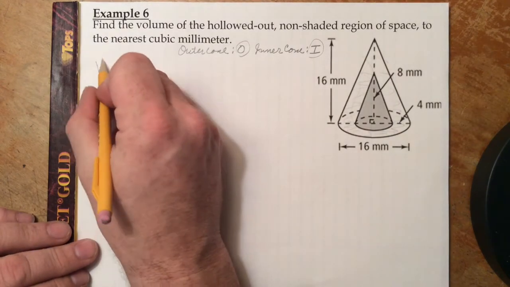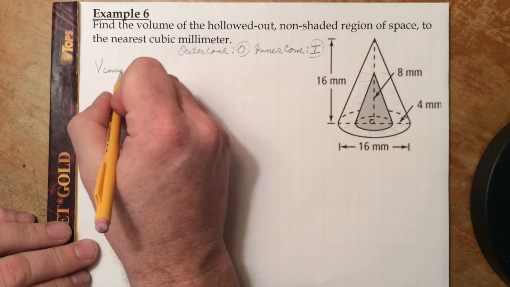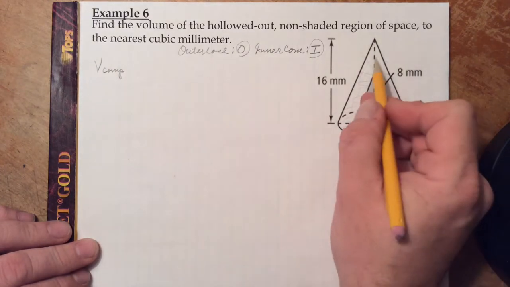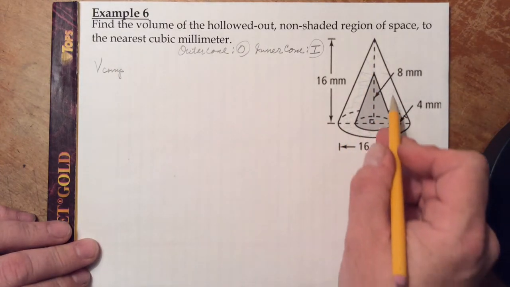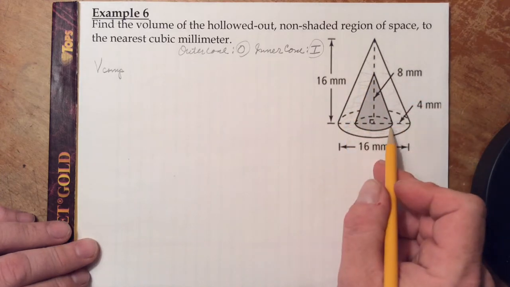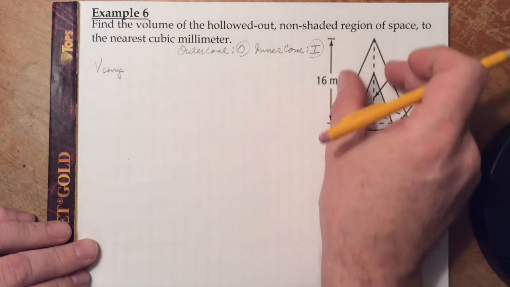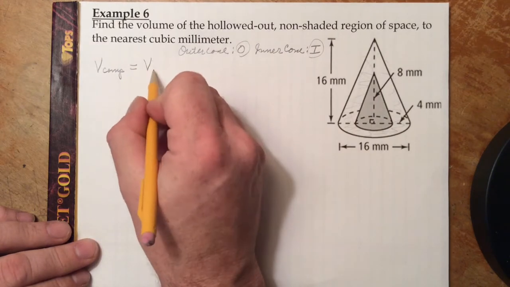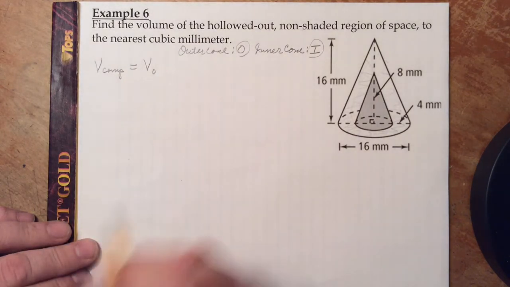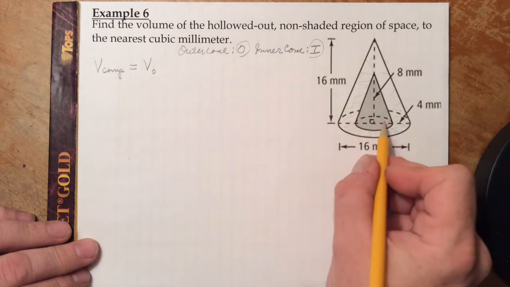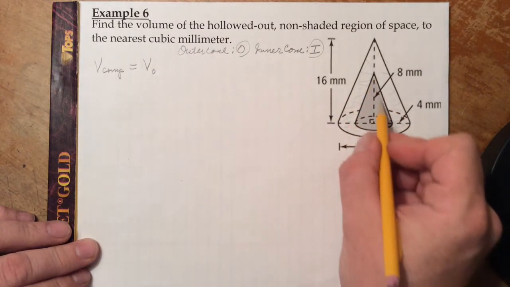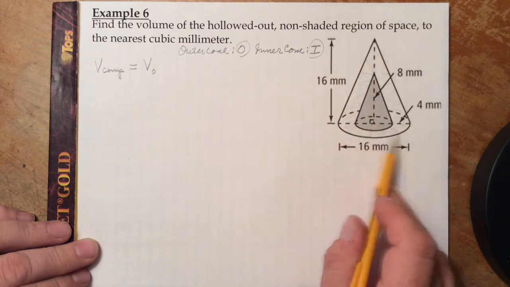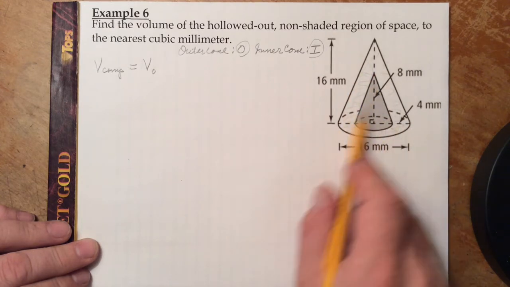And so the volume of this composite solid here, how to find the volume of this space in between the two cones means we're going to take the larger cone volume, or the outer cone volume, V sub O, and then we're going to take the volume of the inner cone, because when we take the volume of the outer cone we find everything inside, every bit, even including the small cone.